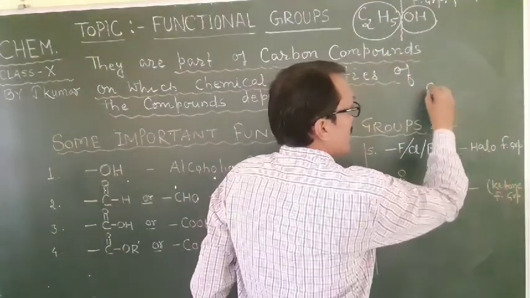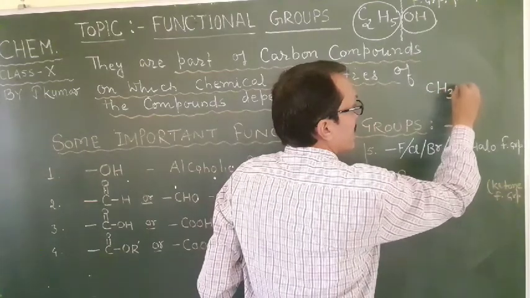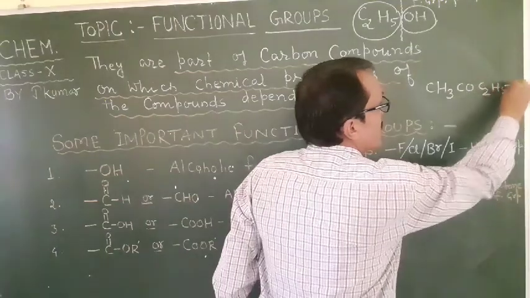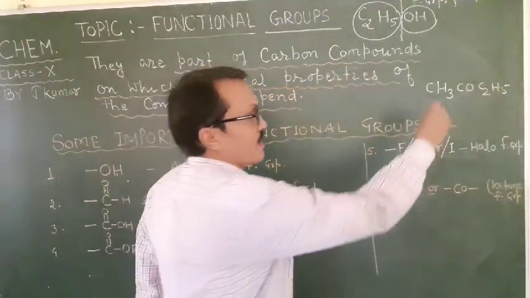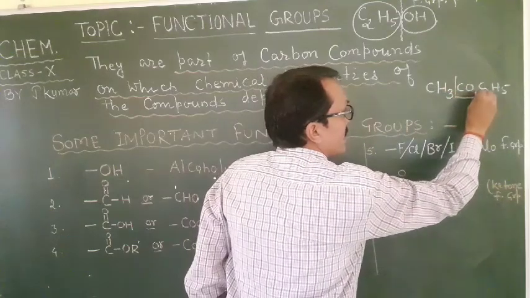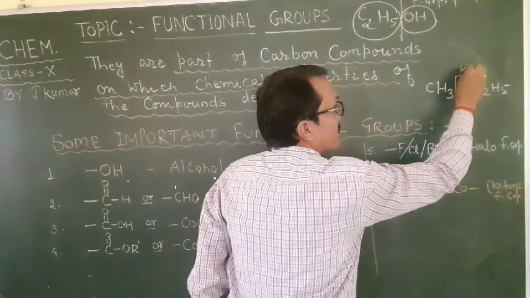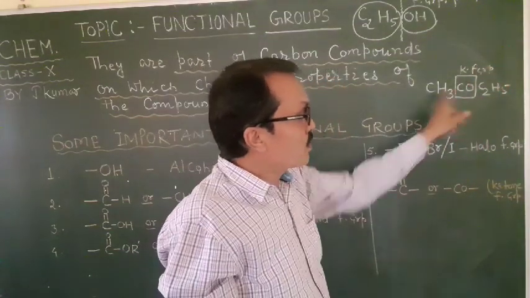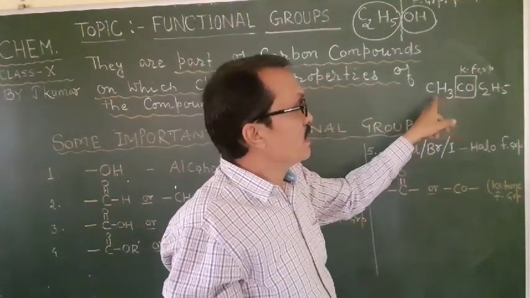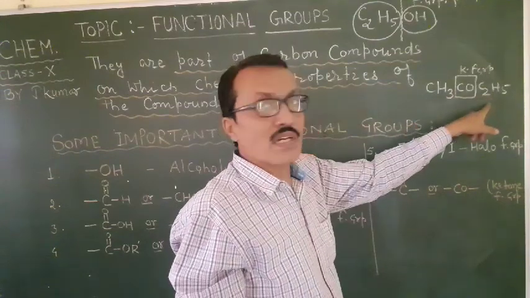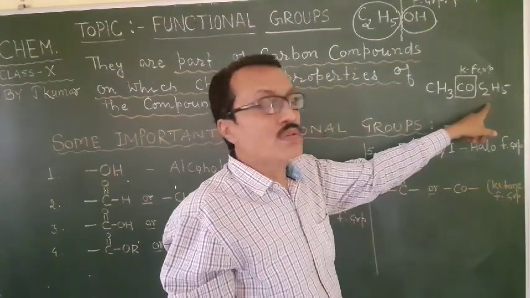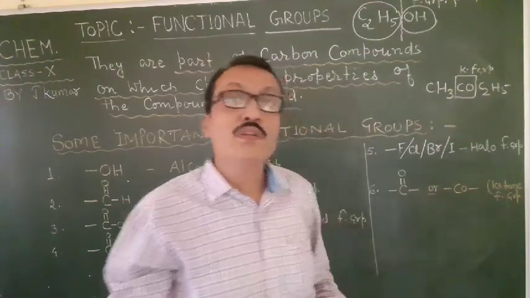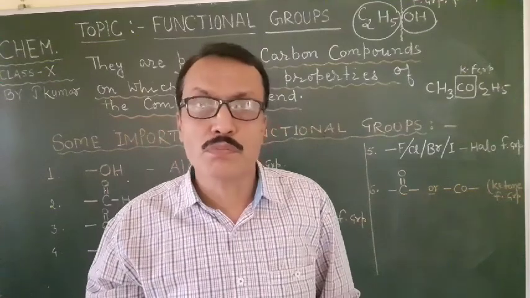For example, you can see CH3 CO C2H5. Students, you can see in this compound, this is the CO, this is the ketone functional group. Ketone functional group. And you are looking here, both sides of the ketone functional group, two different alkyl groups are present. So we have to understand this is the ketone functional group and this compound belongs to the keto group, right?